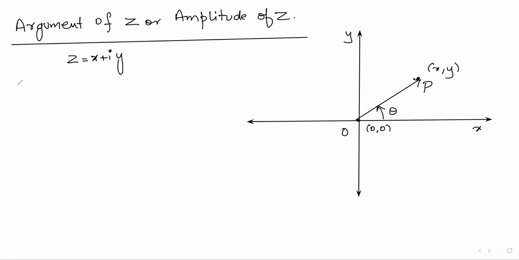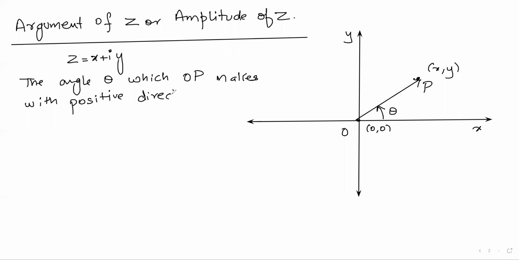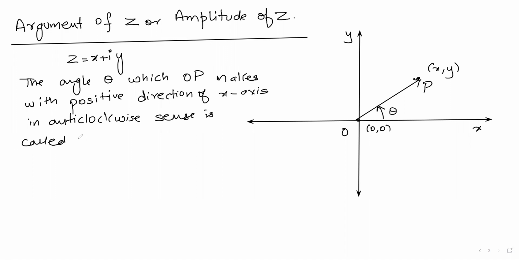So the angle theta which OP makes with the positive direction of x-axis in anti-clockwise sense is called the argument of z or amplitude of z.